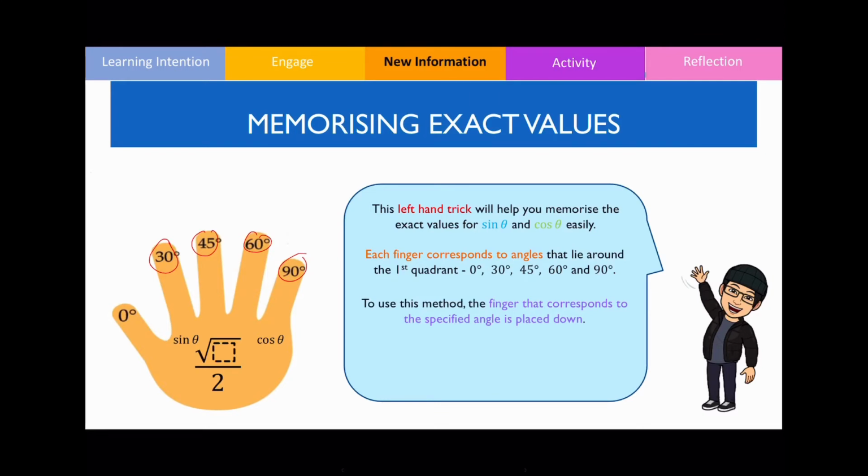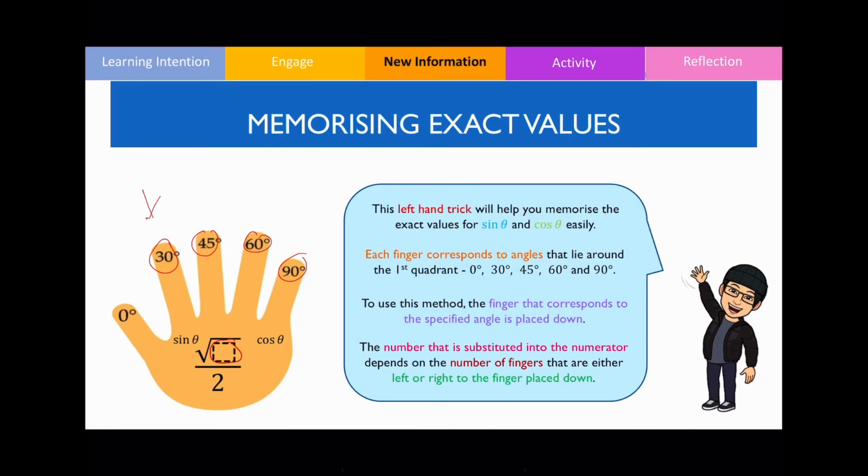So if it was asking me to find sine 30 or cos 30, you would put down this finger over here. The number substituted into the numerator depends on the number of fingers found to the left or right of the finger you placed down.